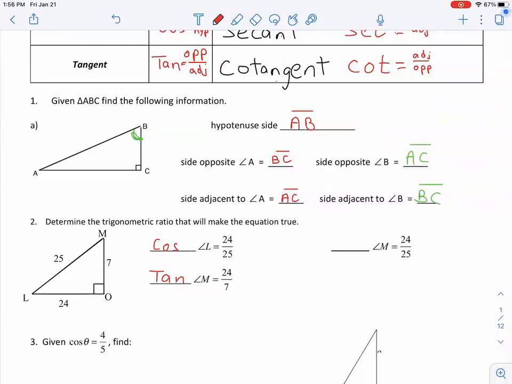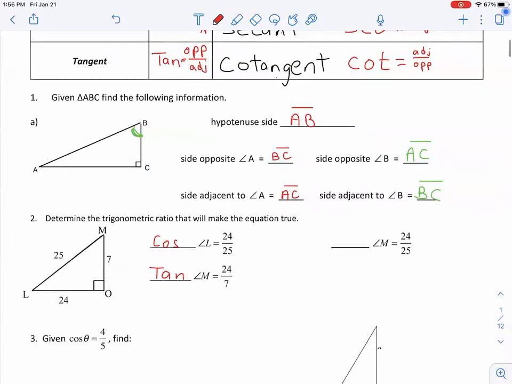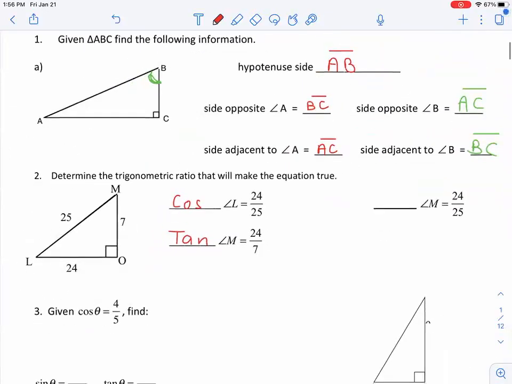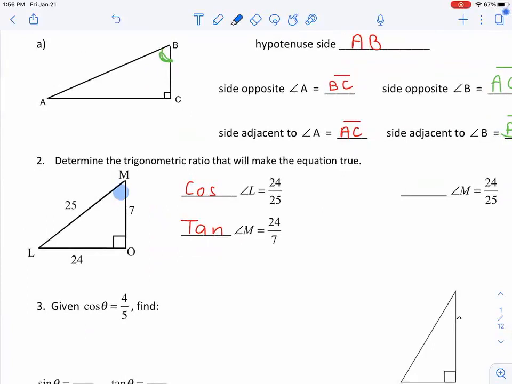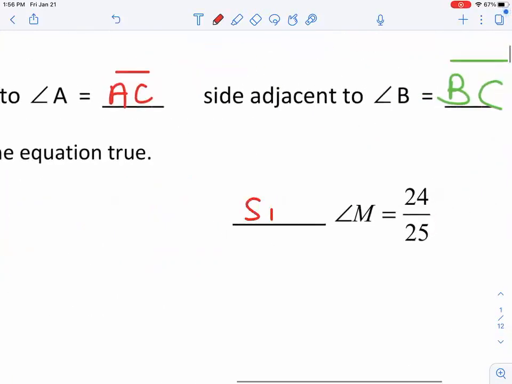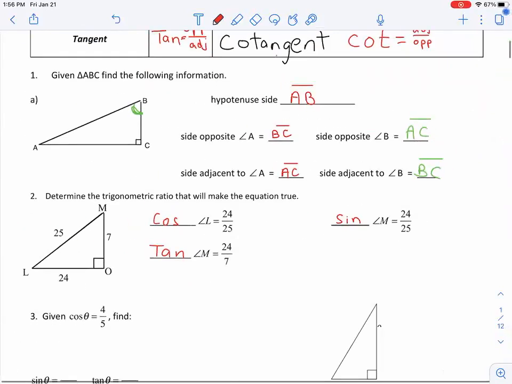All right, so if M is the angle we're focused on, 24 is opposite, 25 is the hypotenuse, and the function that is the opposite over the hypotenuse is the sine. So we would say the sine of angle M is 24 over 25.